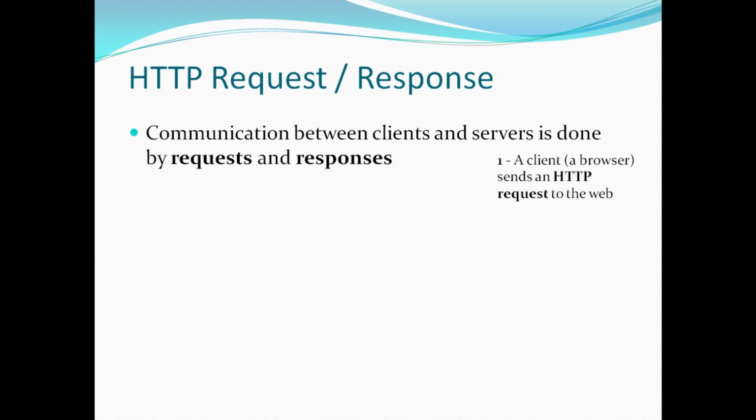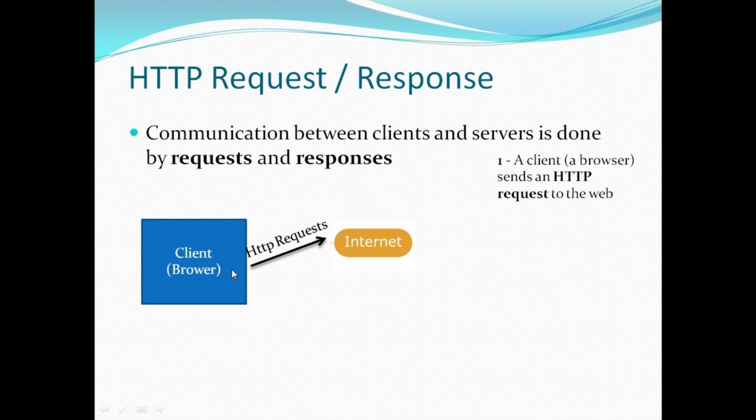First, the client browser sends an HTTP request to the web server, okay? So for example, this is the client browser, and when I enter the URL of the website, the browser sends the HTTP request through the internet to the web server.